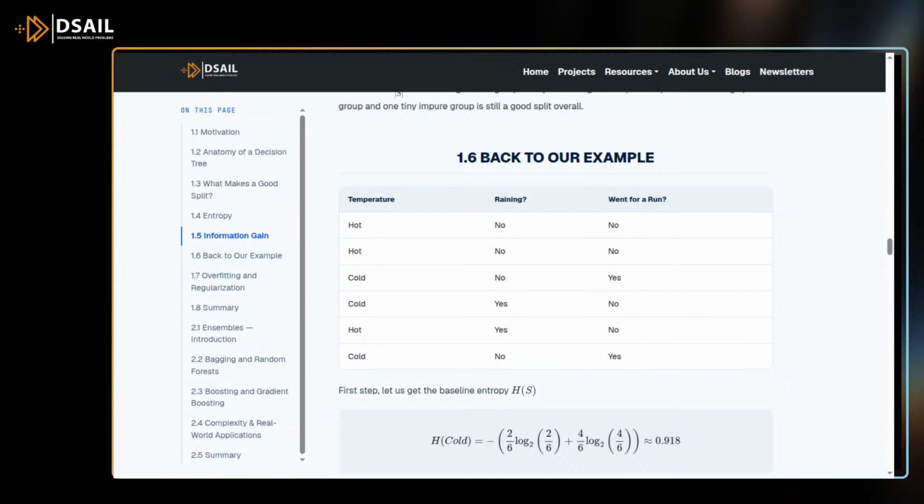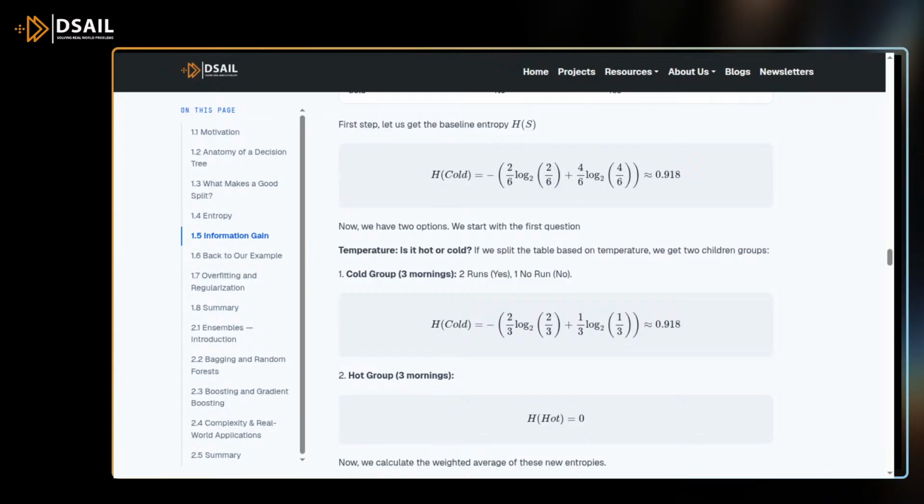Is it the question on temperature, or is it the question on rainfall? And how does that look like? We'll begin with the first question, which is the temperature split. Are we together? But before we do the temperature, we have to calculate the start entropy.